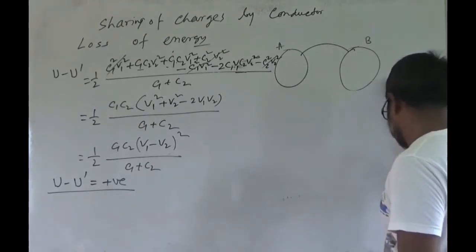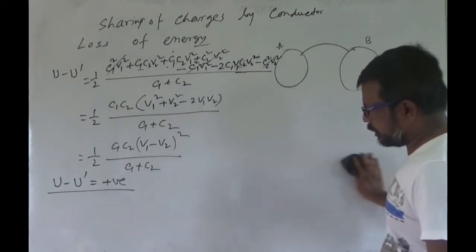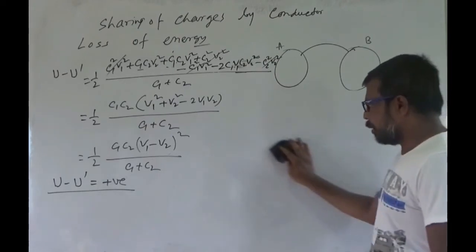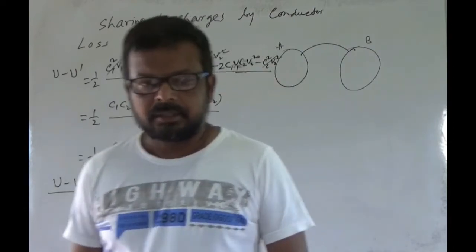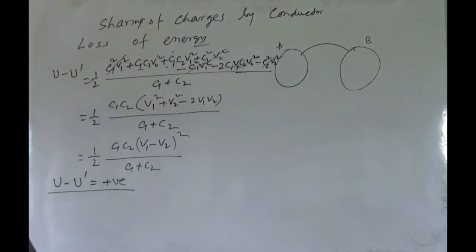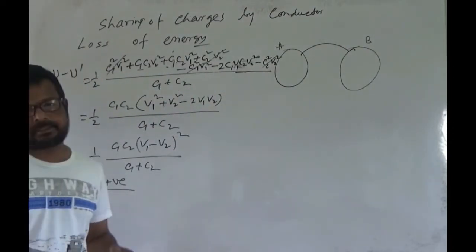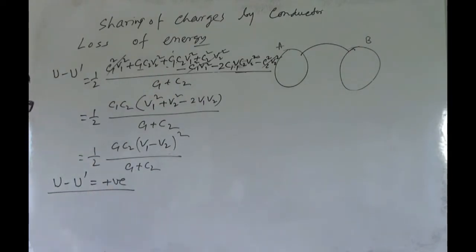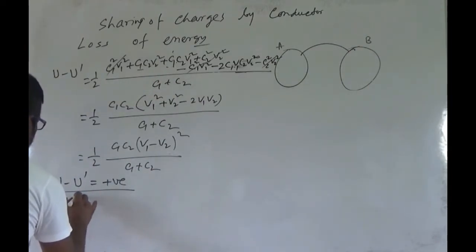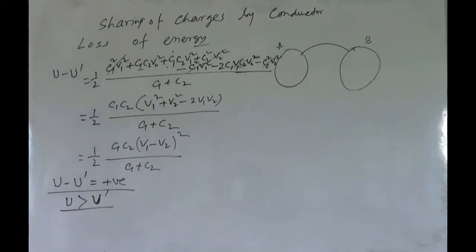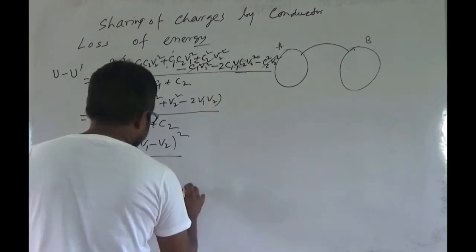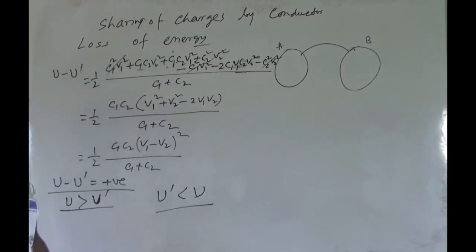That means the total electric potential energy of the two conductors before sharing of charges is greater than the total potential energy of the conductors after sharing of charges. U is greater than U dash, or we can say U dash is less than U, which means that there is some loss of energy.